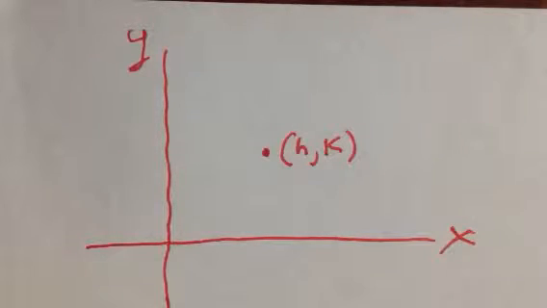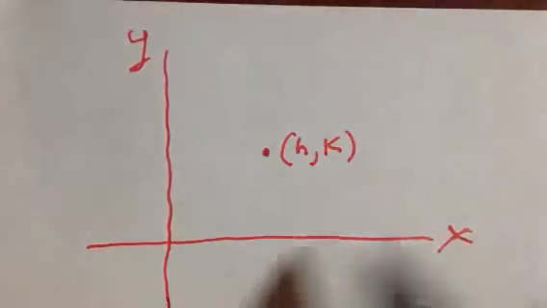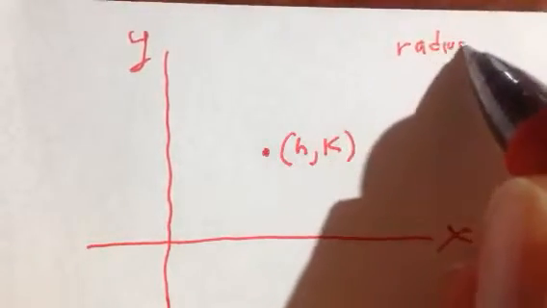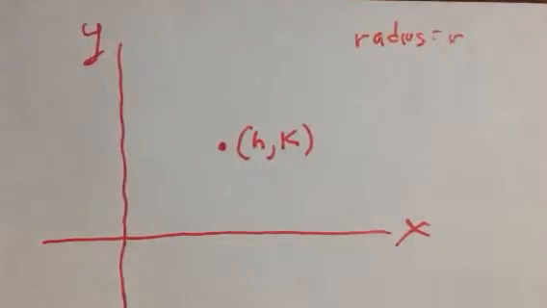And then we're going to say that the circle is of radius r. So we're going to say radius is equal to r.